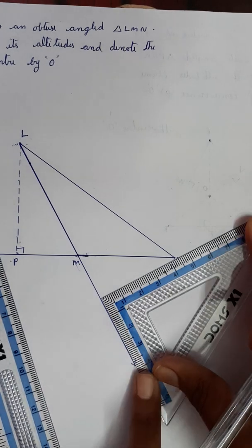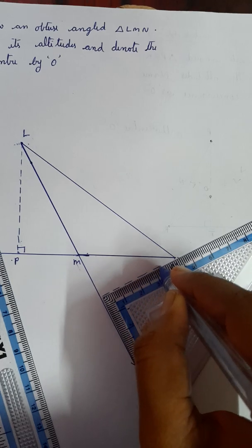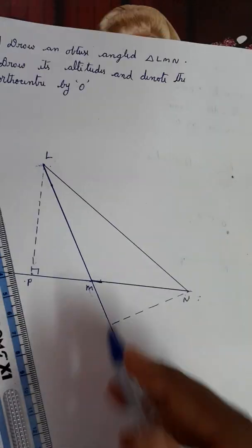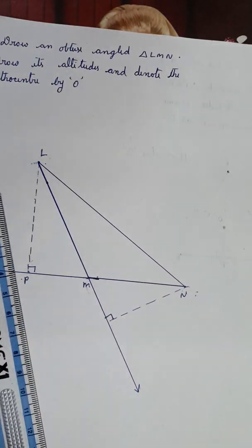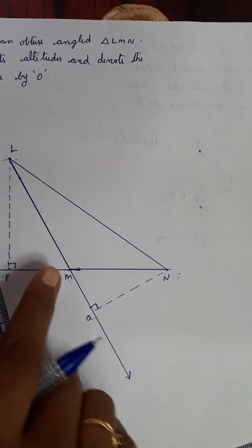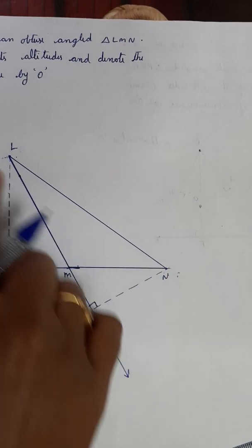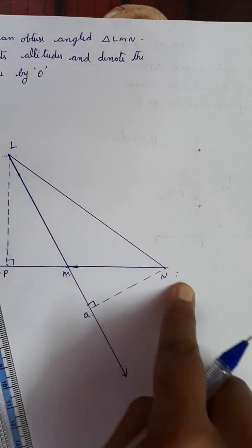See now, here, this is the perpendicular distance. So this is Q. Now side MN is over, side LM is over. Now I am taking side LN.